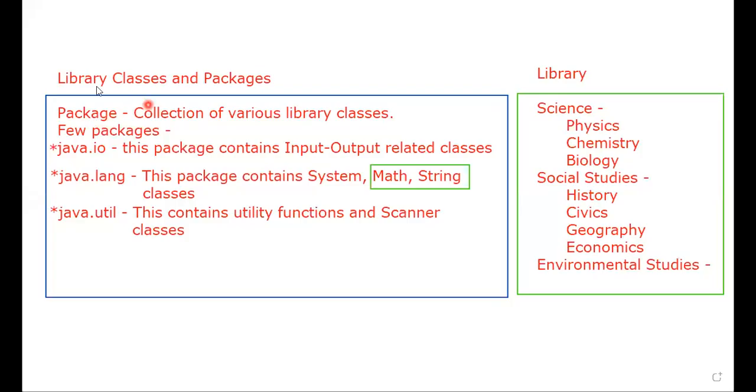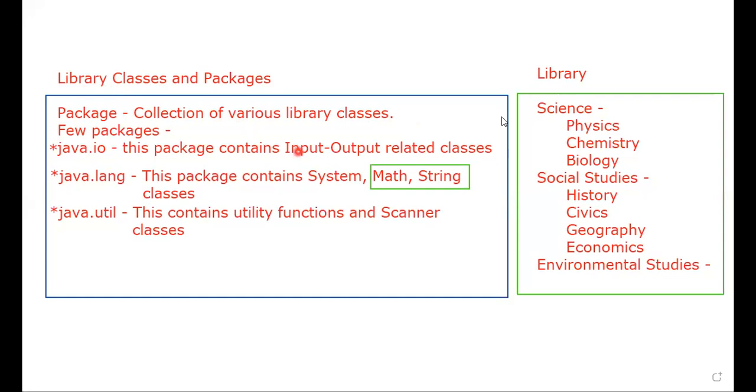Today we have studied about the library, classes, and package. A package is a collection of various library classes which are logically related. Few packages are java.io, java.lang, and java.util.